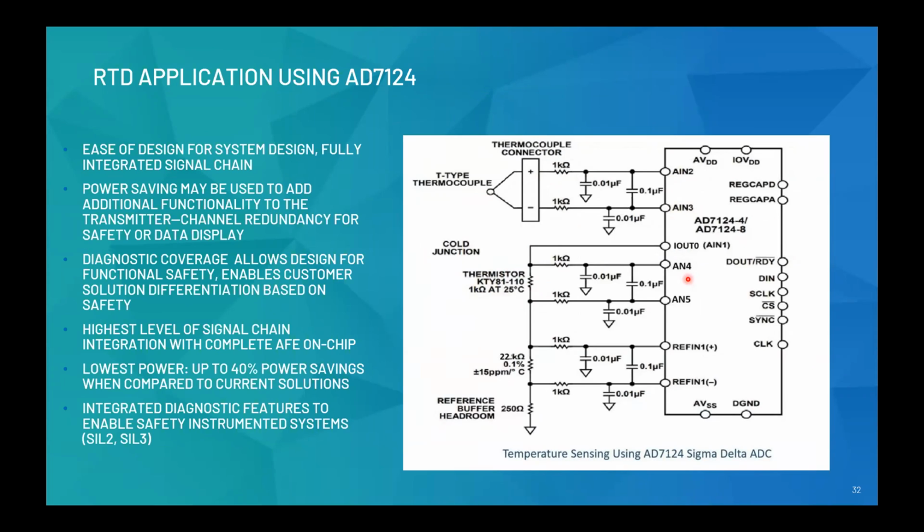So with this, we do the highest level of signal chain integration for a system on chip. We save a lot of space while doing it. The complete integration of the analog front end is very much appreciated for these types of applications.